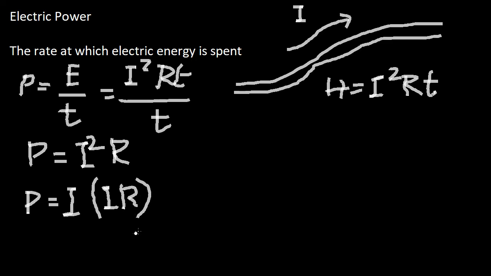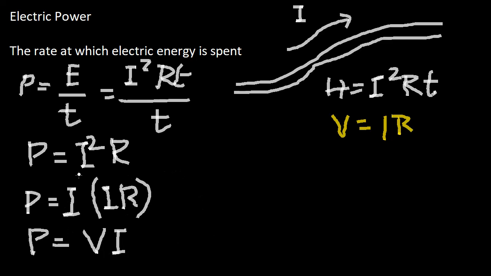And if you remember from the earlier discussions, Ohm's law states that V, the potential difference, is equal to I times R. So this I into R actually is V. Instead of I into R, we can put V, and that gives us P equal to V I, the potential difference times the current flowing through the wire.